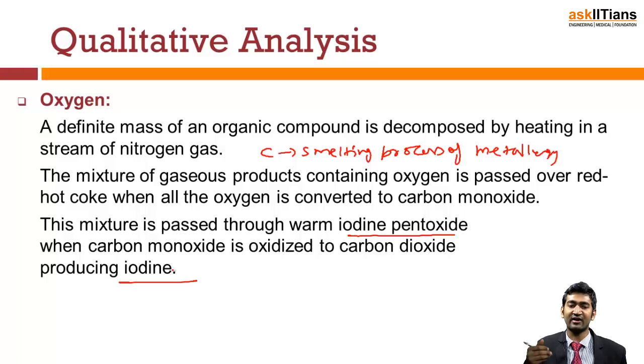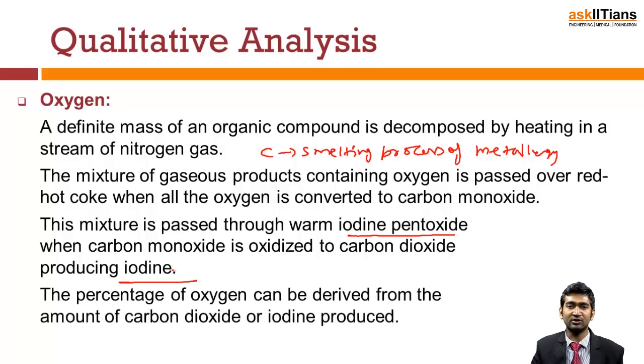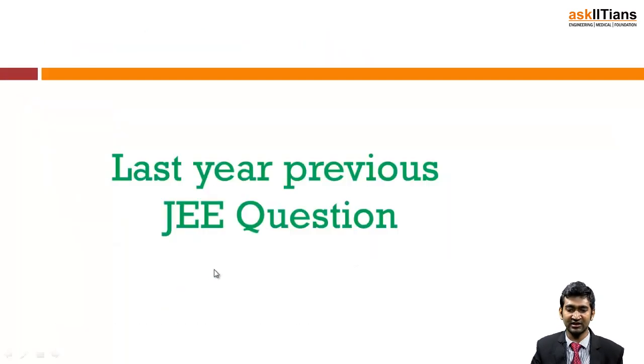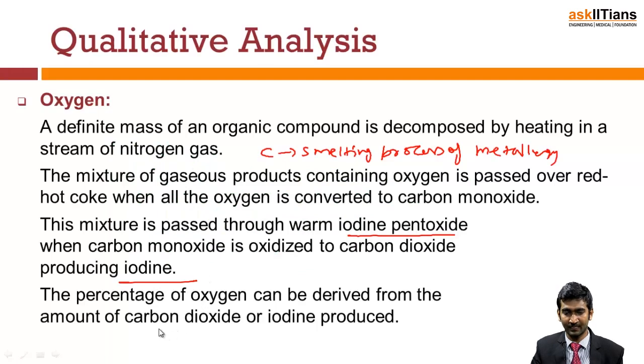In that way we find out that oxygen is present, and we then measure the iodine. After measuring the iodine, you apply the equivalent concept or the mole concept to get the weight of oxygen which the organic compound carries. So the percentage of oxygen can be derived from the amount of CO2 or the iodine produced, mainly from the iodine, because that is what we form at the end.